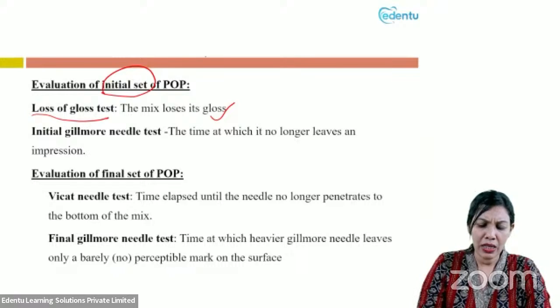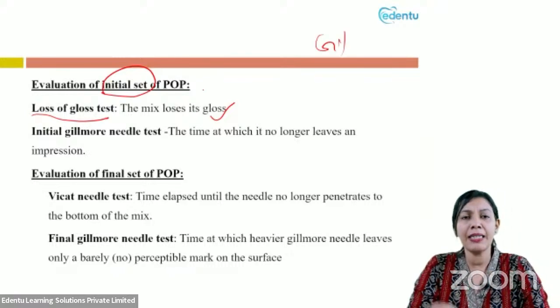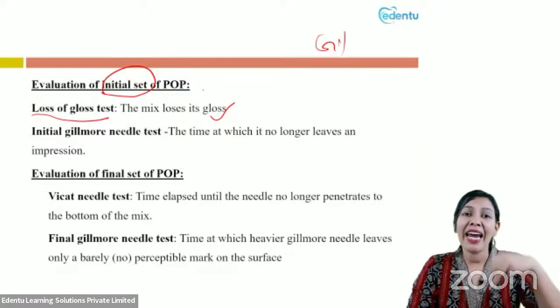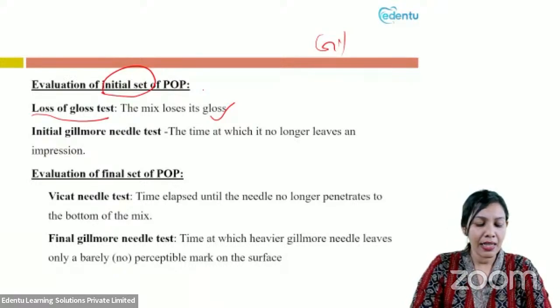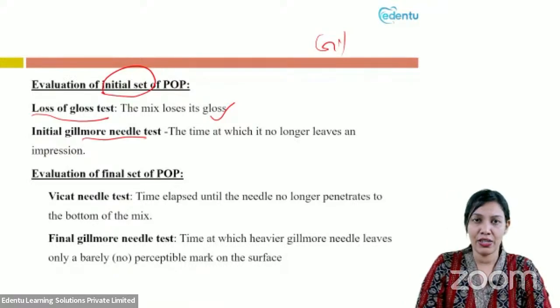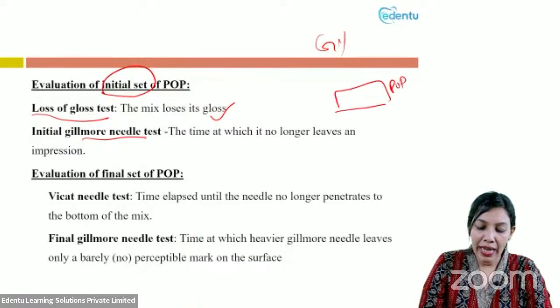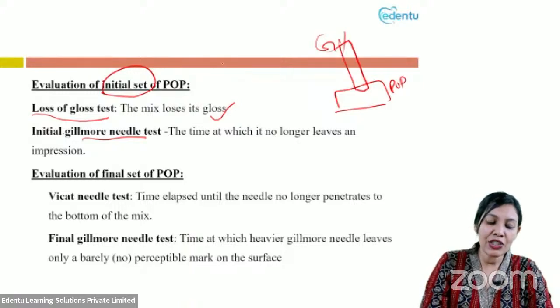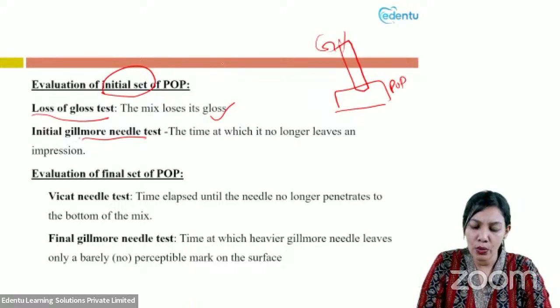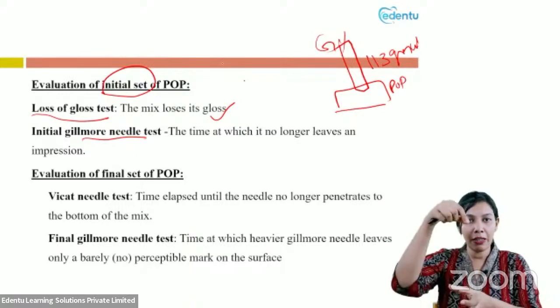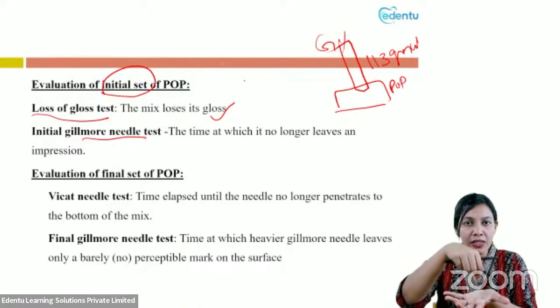Second is Gilmore. Gilmore is a machine with a weight on its surface. There is a Gilmore needle which is used. Think that this is the plaster of Paris, and onto that we apply the Gilmore needle load. In the initial Gilmore needle test, we use a Gilmore needle of weight 113 gram, applied on the surface of the gypsum product.